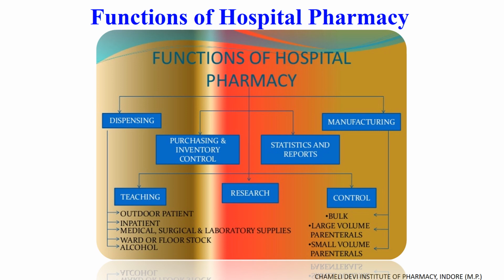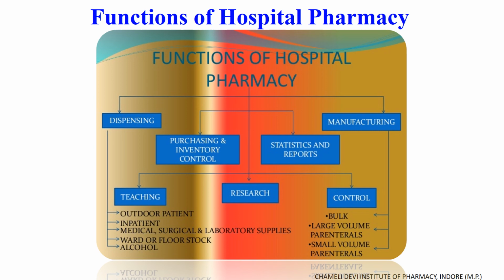dispensing of medicaments to outpatients as well, providing drug information sources in the hospital, then a center for drug utilization study, implementing the recommendations of the pharmacy and therapeutics committee, patient counseling, and maintaining a bridge between medical staff, nursing staff, and the patient.